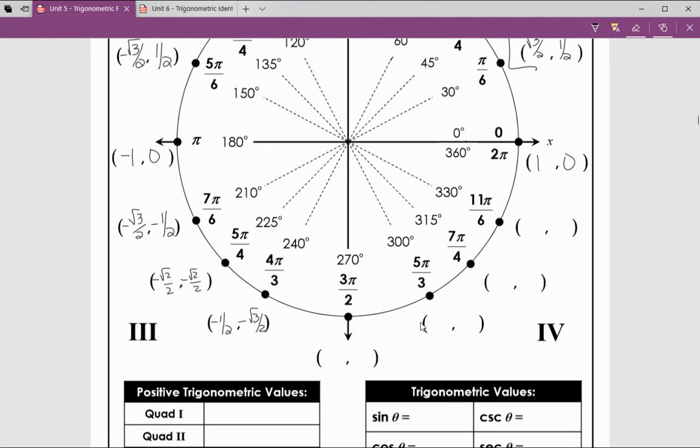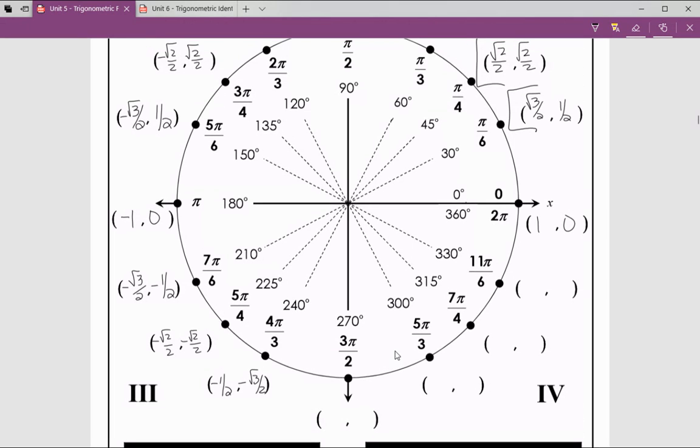Right, so I want you to jot down what you think the last 4 points should be now that we know that kind of reflective property they've got going on.